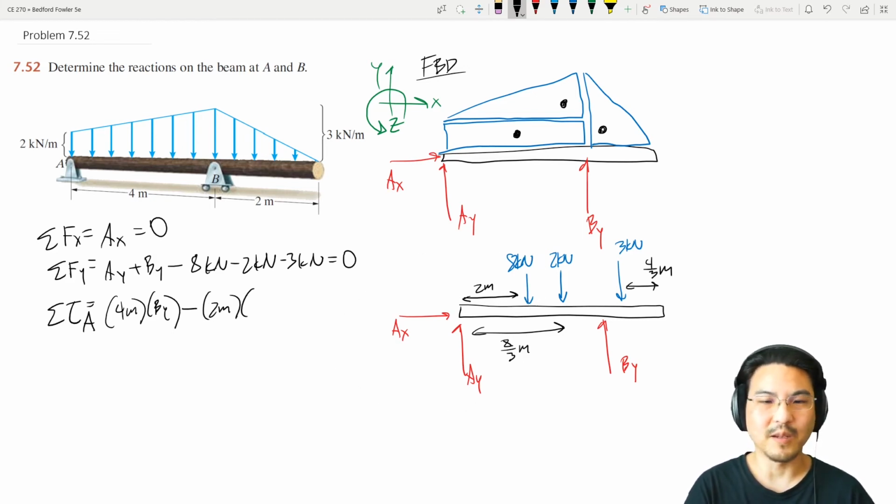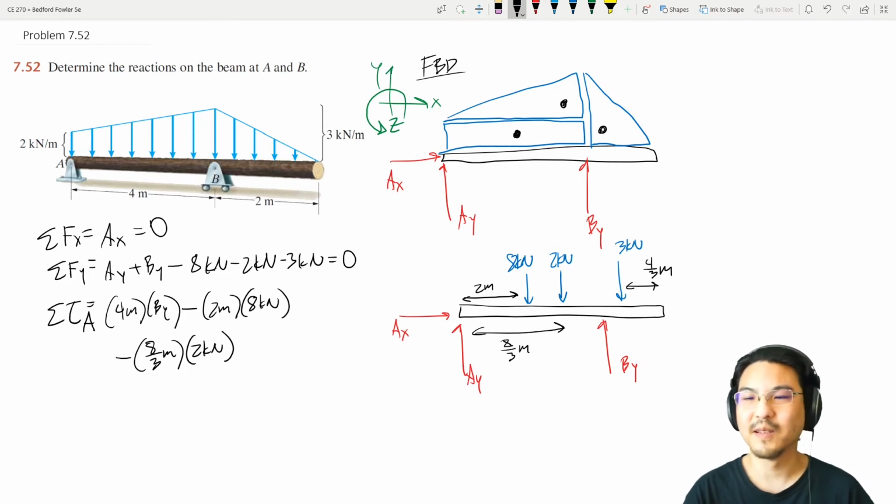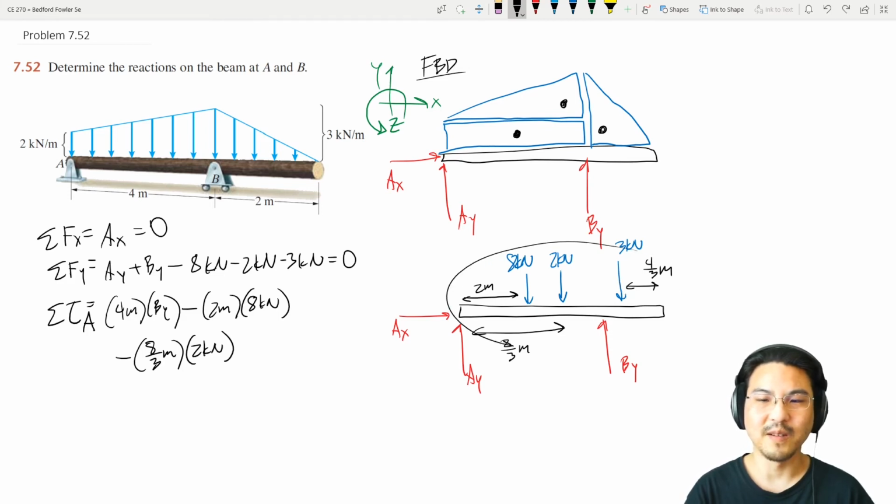2 meters times 8 kilonewtons. This one, negative. 8/3 times 2 kilonewtons. And then this one is, how far is that? That's actually, here to here is 4/3. Here to here is 6.